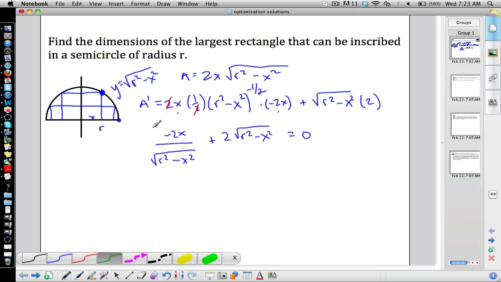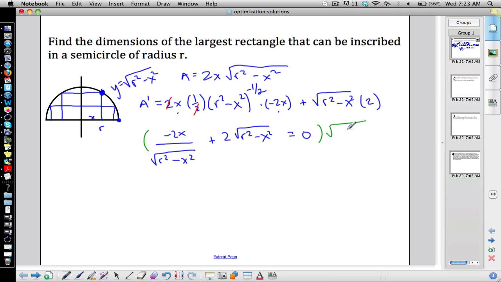If we multiply both sides by root r squared minus x squared, we will get negative 2x squared plus 2 times r squared minus x squared equals 0, which is nice.